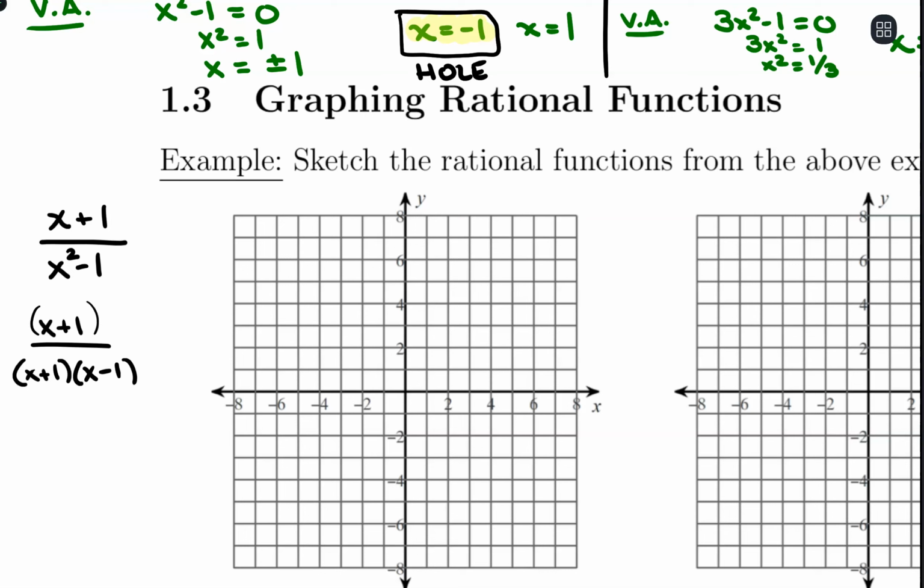And what's happening is that x plus 1, it ends up that we could simplify our rational function to be 1 over x minus 1. So it's still important to know that we have that original form because we do want to be graphing this x plus 1 over x squared minus 1, but this gives us some information in terms of the simplified form.